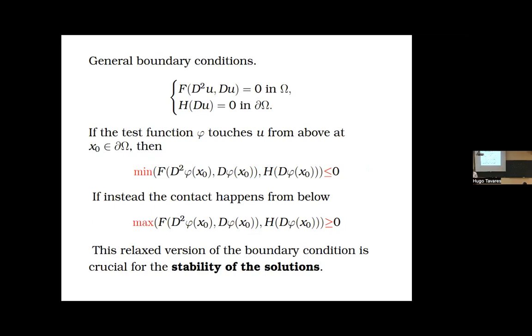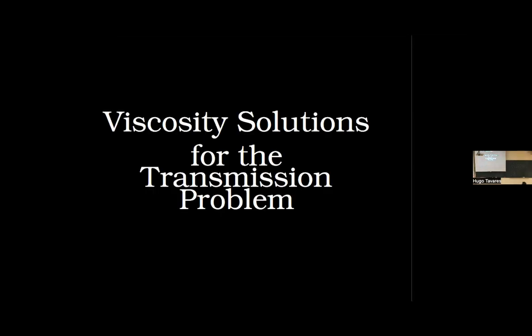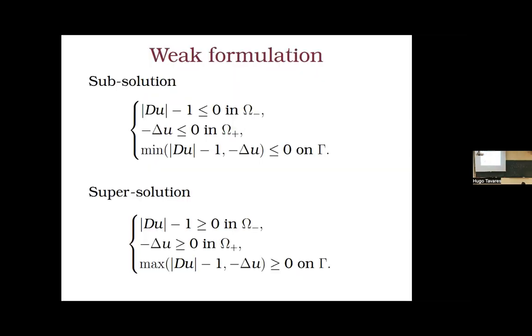So this gives us an idea of what we're going to do in the transmission problem. What we do is to set up the weakest possible transmission condition that gives me stability for this problem. And the bad news is that we don't know if we're going to have uniqueness for this problem.